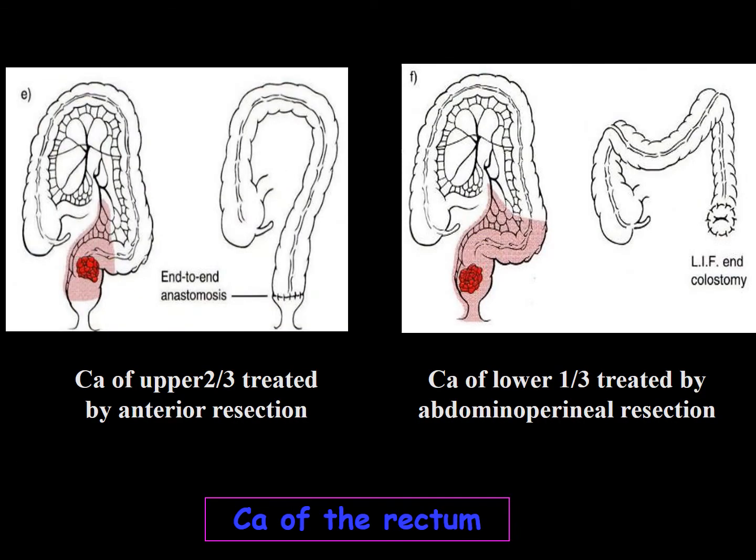Lastly, we have carcinoma of the rectum. We divide the carcinoma of the rectum into three thirds. The upper 2/3 by anterior resection, the lower 1/3 by abdominoperineal resection.